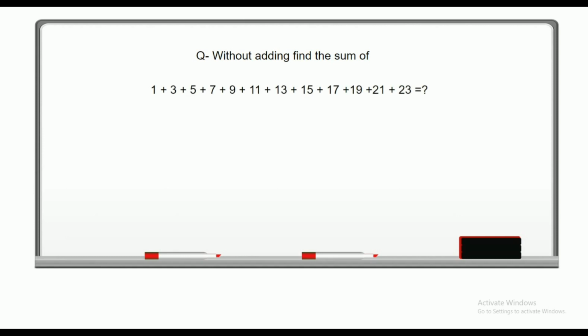Let us try one more example. This time we have 1, 2, 3, 4, 5, 6, 7, 8, 9, 10, 11 and 12 odd numbers. n is equal to 12 and the sum of n natural odd numbers is equal to n square.